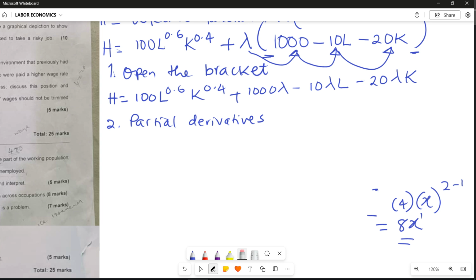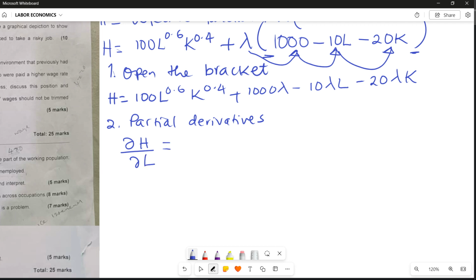So with that information, let's borrow the concept and apply it here. Let's get the partial derivatives. First things first, we're going to get the partial derivative of this function, the partial of h with respect to any. Let's start with labor. With respect to labor, check this out.